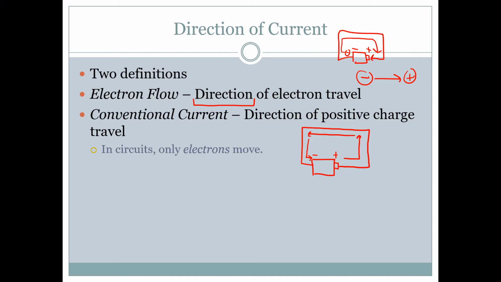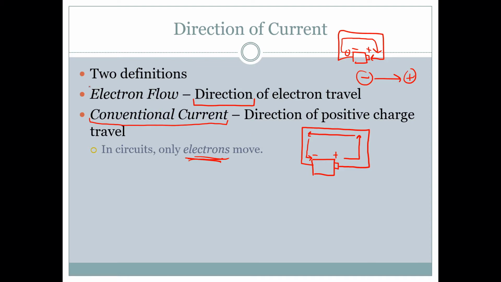So for the longest time, people who studied electricity had this idea that current flows positive to negative. A lot of electrical circuit construction uses this definition of current when creating circuit diagrams and devices, which is, like I said, incorrect, because only electrons move. Protons do not move in an electrical circuit, only electrons do.